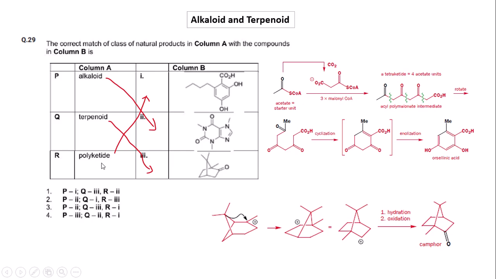The polyketides are one of the systems where phenol compounds are produced, where acetyl coenzyme A is produced in their case, and we mainly get polyphenolic systems, and this is known as the polyketide.